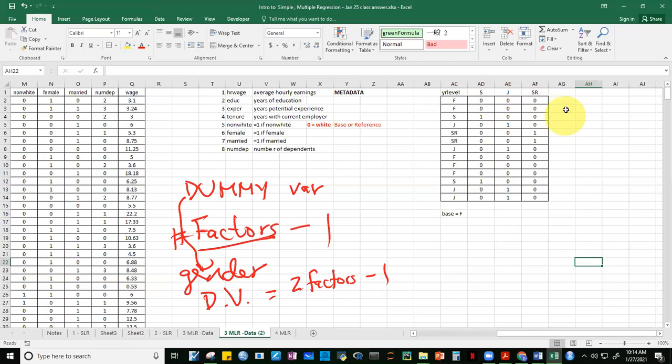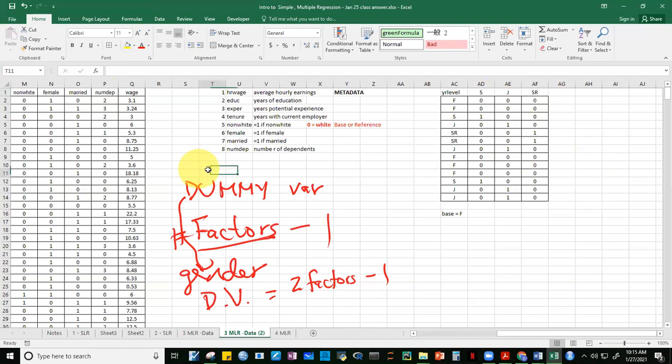Hindi na natin kailangan, guys, isa pang dummy variable na Frosh. Kasi just with 3 dummy variables, makaka-capture na natin lahat ng information na yan. Kung mag-apat pa tayo, magkakaroon tayo ng problem, guys, sa regression.